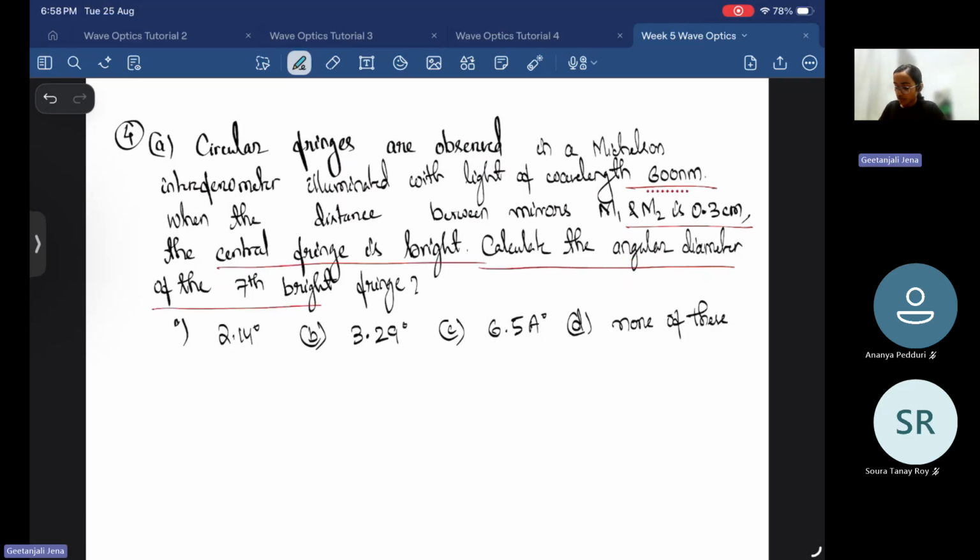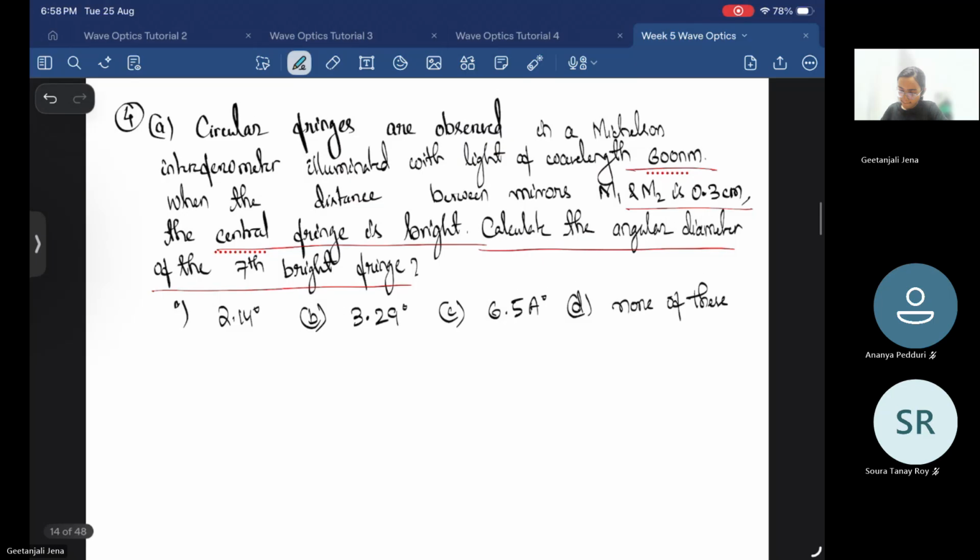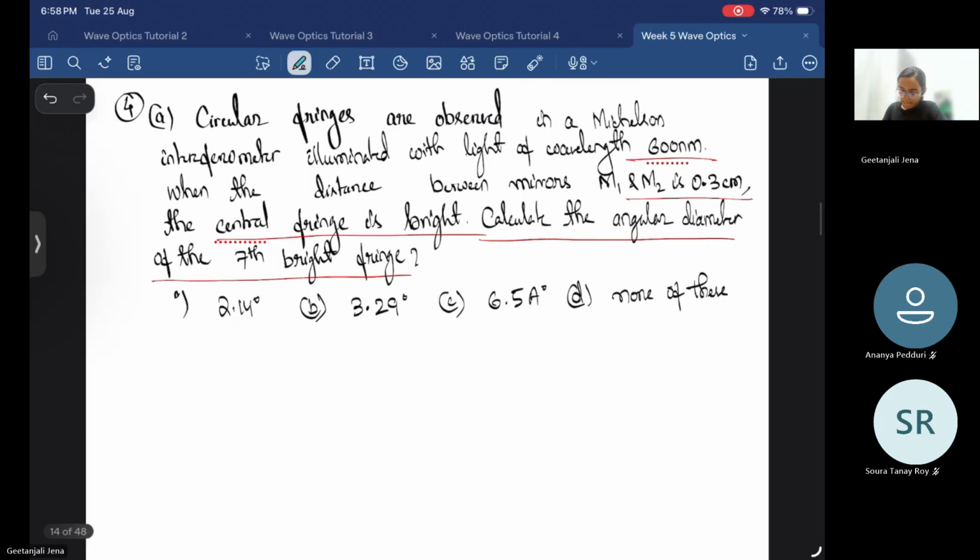Calculate the angular diameter of the seventh bright fringe. Distance between the mirrors is given.